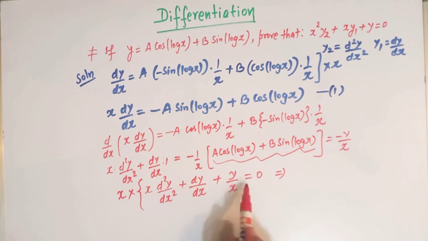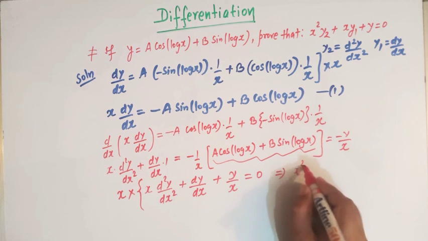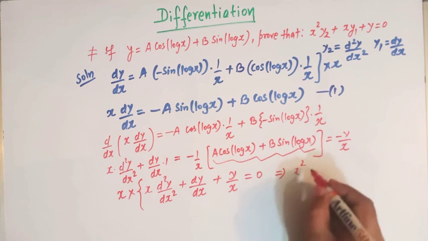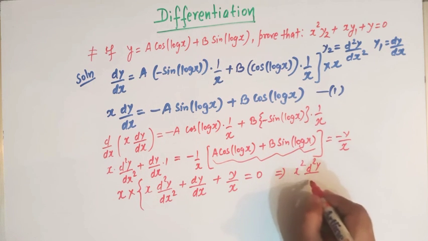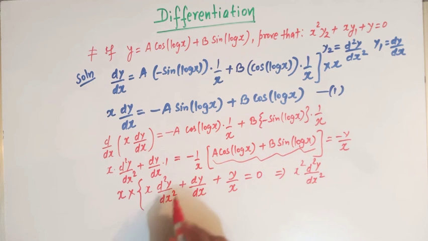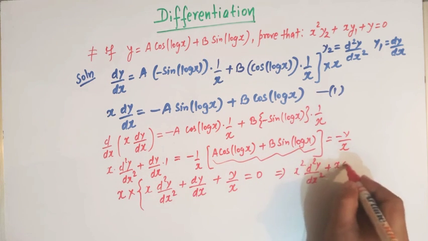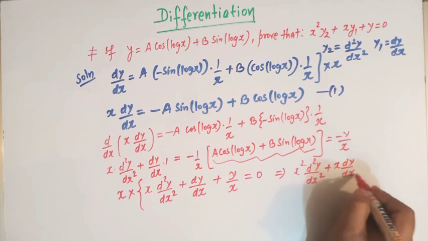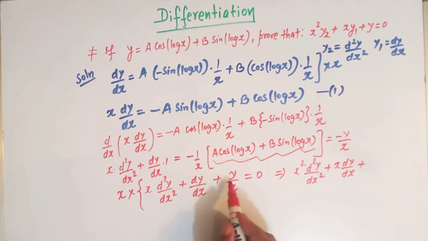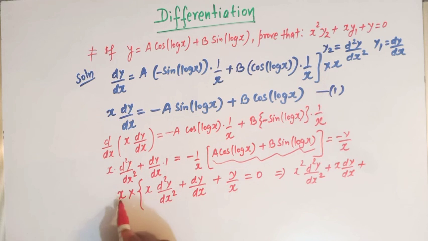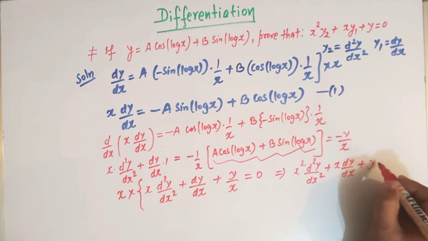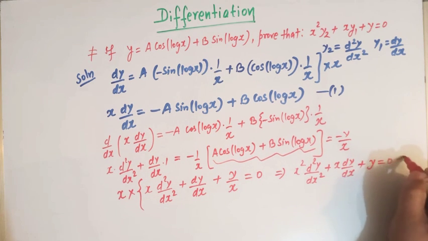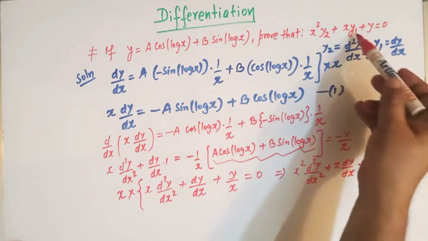So if we multiply it by x, we have x square, x times x is x square, d square y over dx square plus x times dy over dx plus x times y over x, so x and x get cancelled, so here we have plus y equal to 0. So this is the required expression.